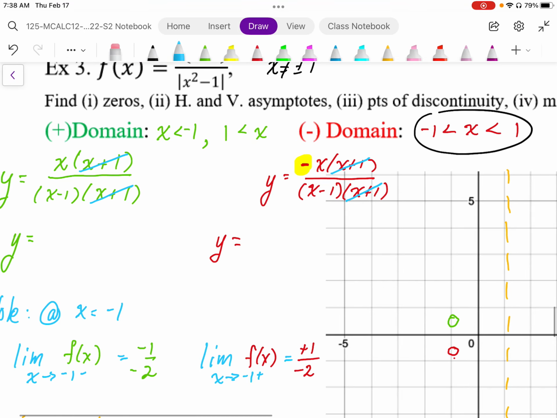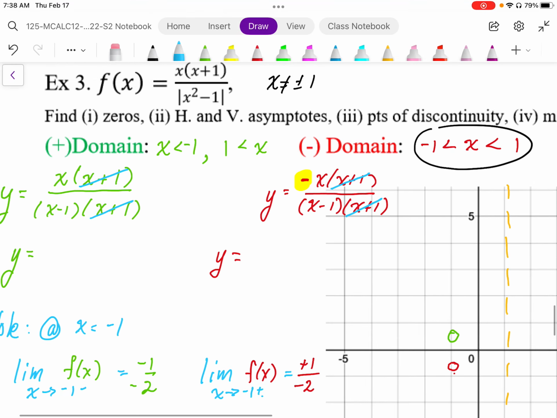And since the negative domain gives us x bigger than -1, I'm going to approach -1 from the positive side. When I do that, I need to use the red function, because that's the function that's defined on the positive side of -1.